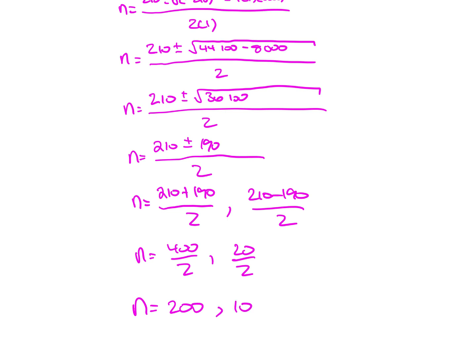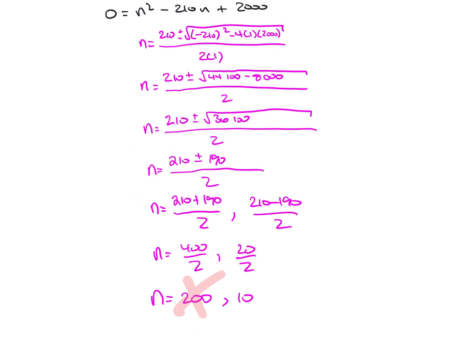Now, one of those answers is really good and one of them is really bad. Which one can we get out of there? 200, because there's only 30 combined volleyballs and basketballs bought together. So we can get the 200 out of there, and that leaves us with 10.